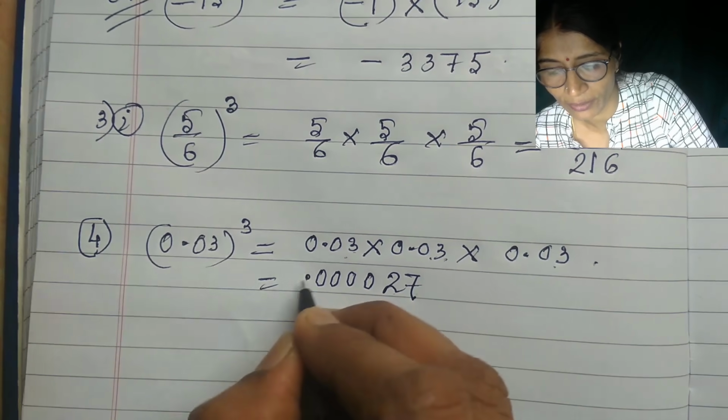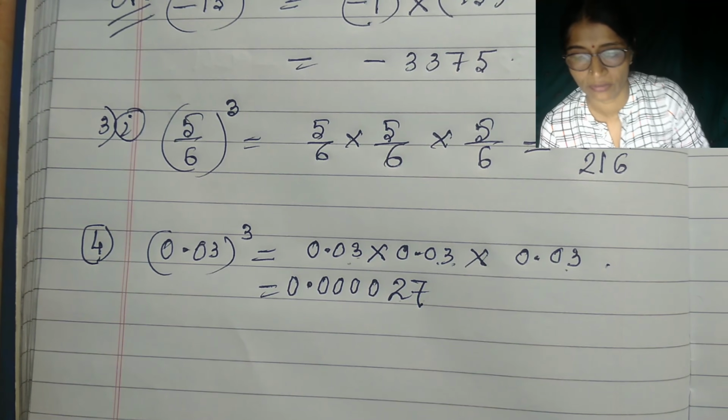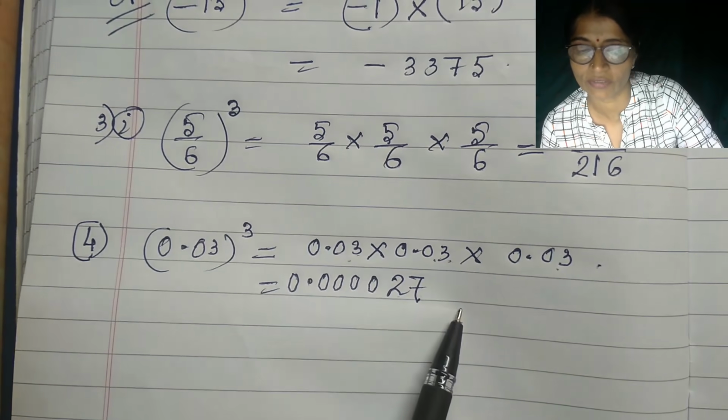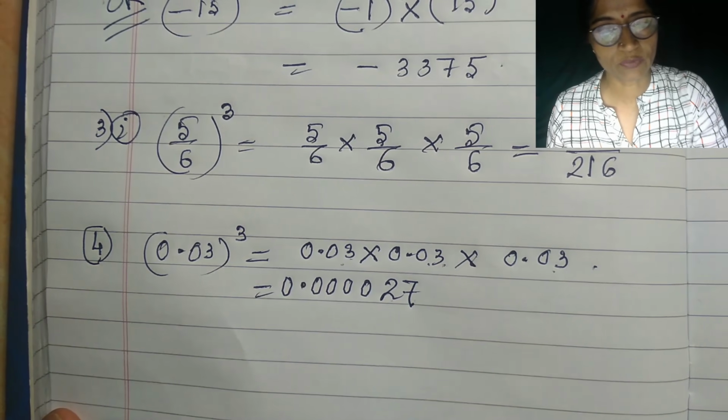So the decimal will be here. After the 6 digits, I will give the decimal.